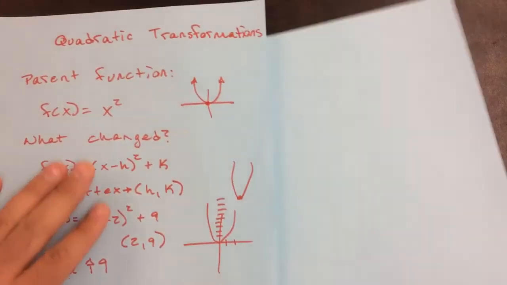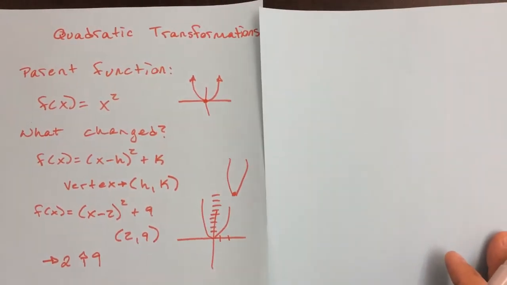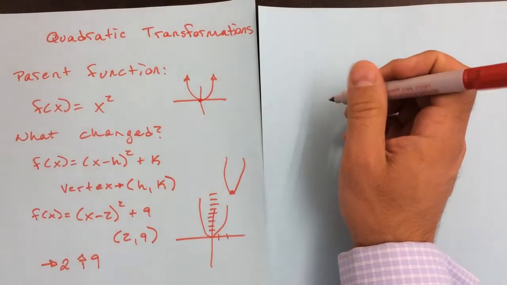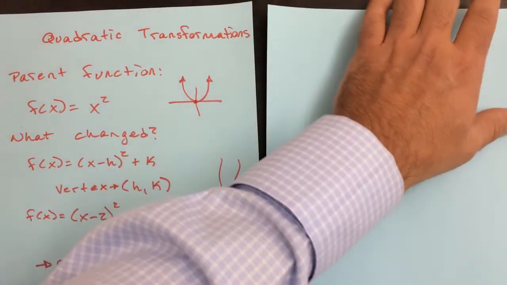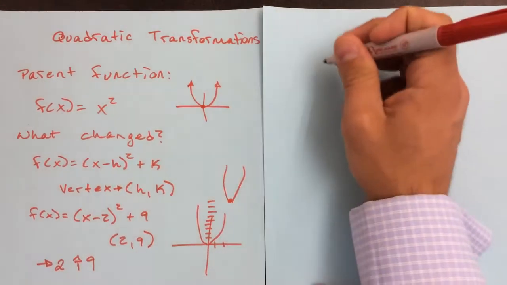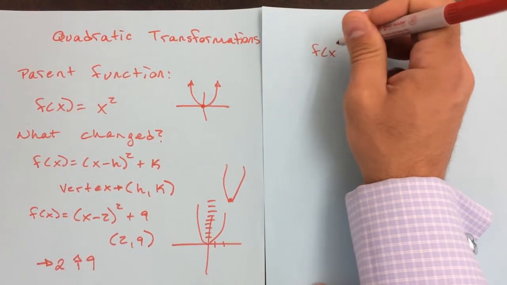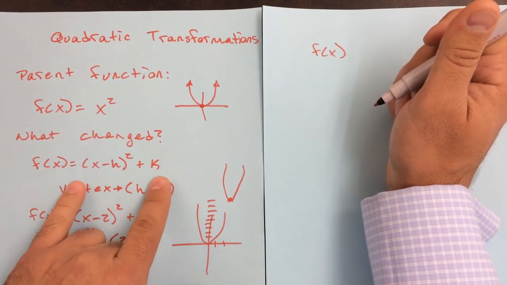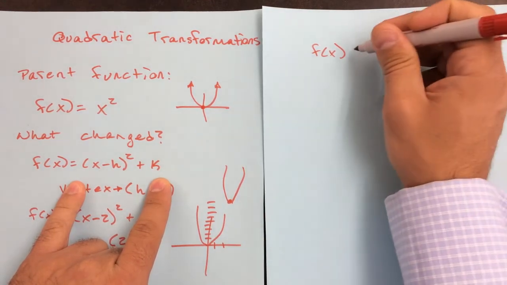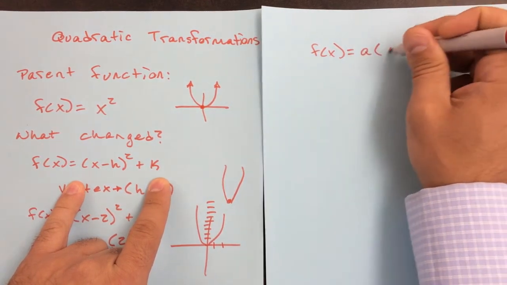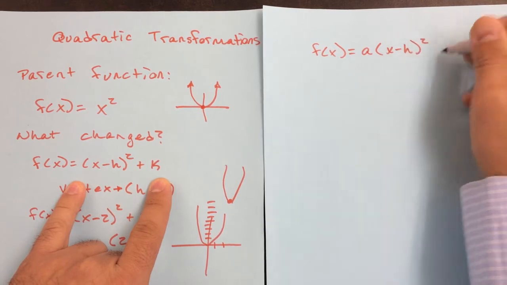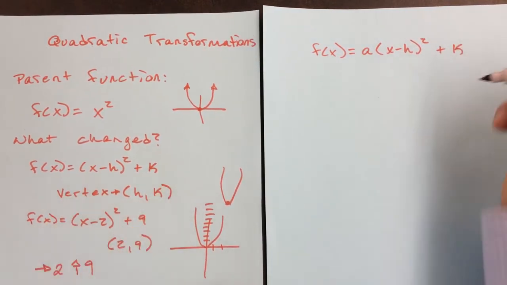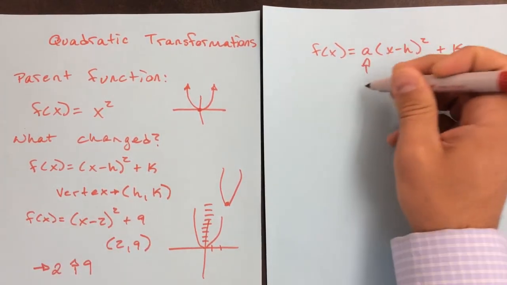The next part, we're going to say vertical stretch and compression, which if you remember is our a value. So what's going to happen here is we're going to take this function rule that we just made and we're going to put a in there as well. So a is on the outside of the parentheses. a is your stretch or compression vertically.